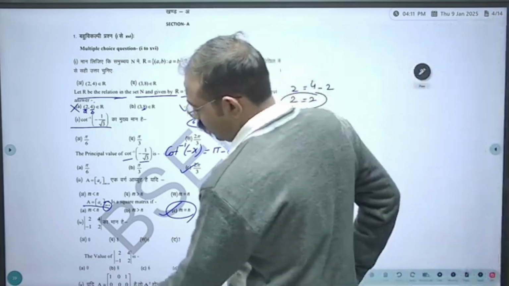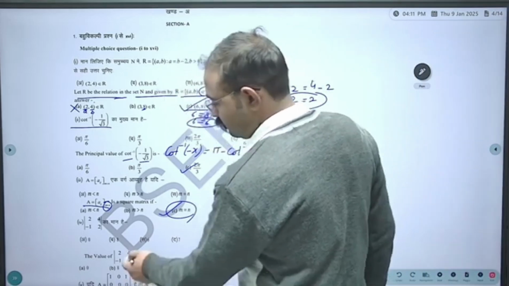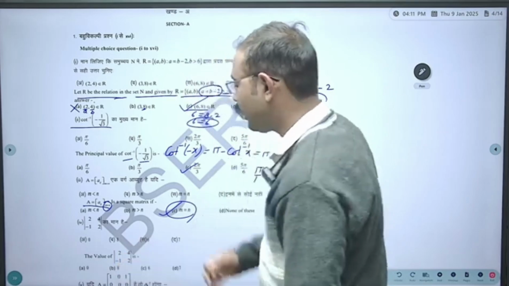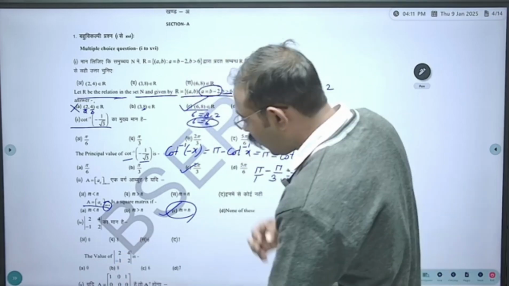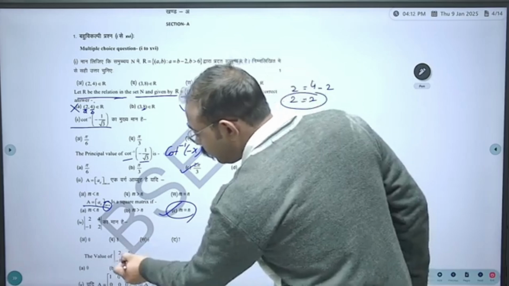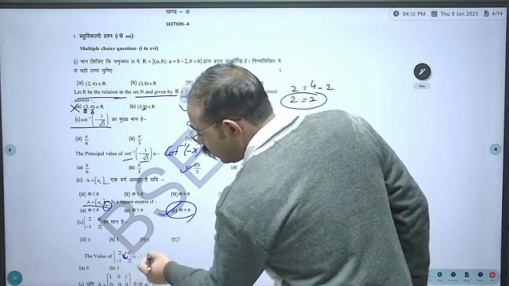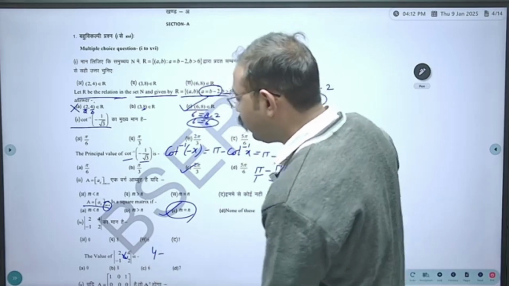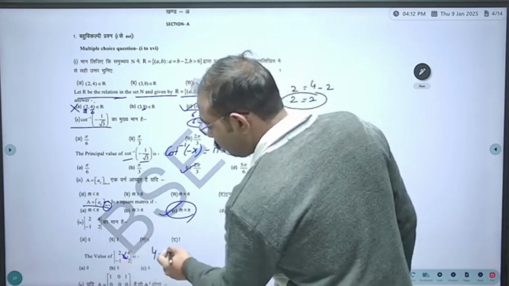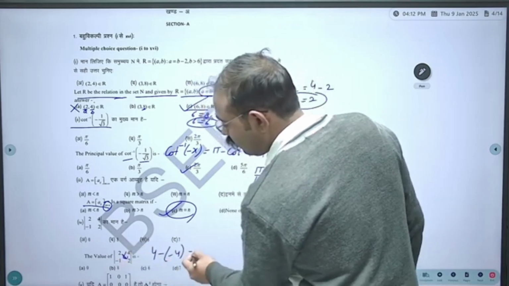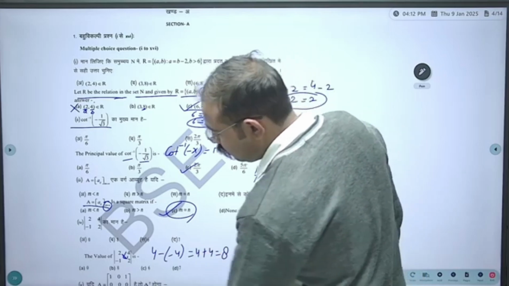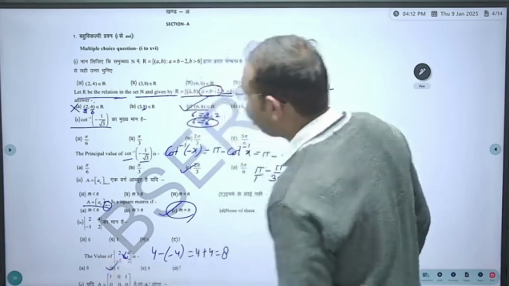Next, a determinant is given to us, 2, 4, minus 1 and 2, and we have to evaluate it. So how to evaluate? We will cross multiply simply. 2 times 2 is 4, in between we will have minus, and 4 multiplied by minus 1 is minus 4. Then 4 minus minus 4 is plus 4, so 8. This option B is the correct option.